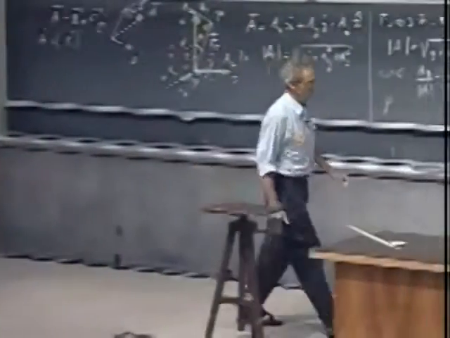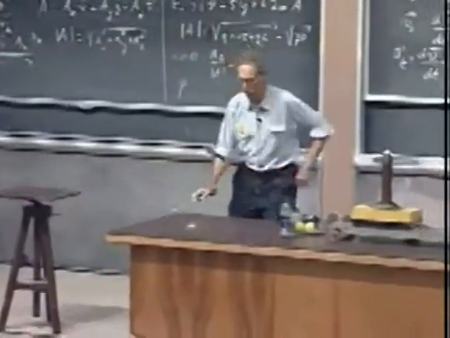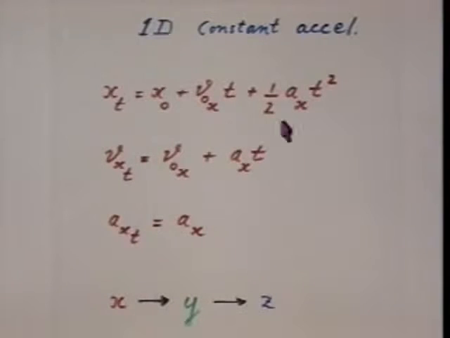The first line tells you what the x position is as a function of time. The index t tells you that it's changing with time. It is the position at t equals 0 plus the velocity at t equals 0 times t plus 1/2 a_x t squared, if there is an acceleration in the x direction. The velocity immediately comes from taking the derivative of this function, and the acceleration comes from taking the derivative of this function.